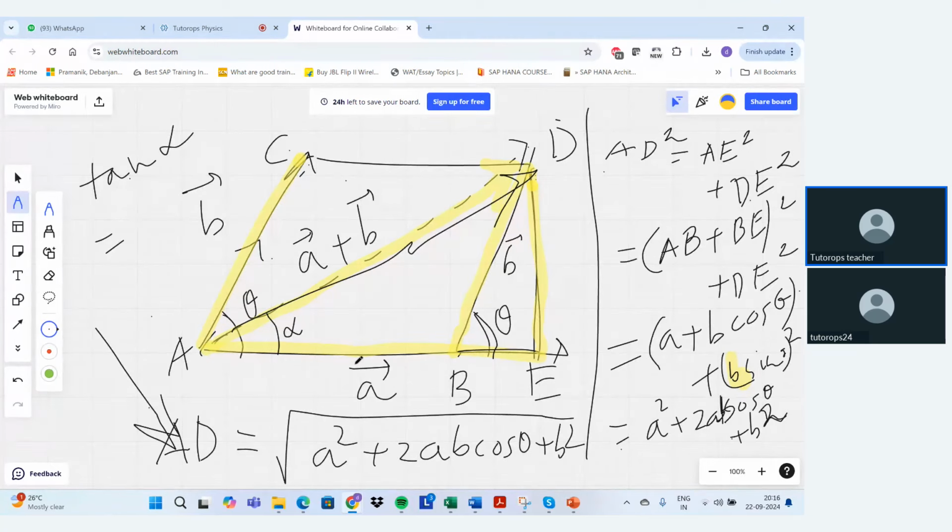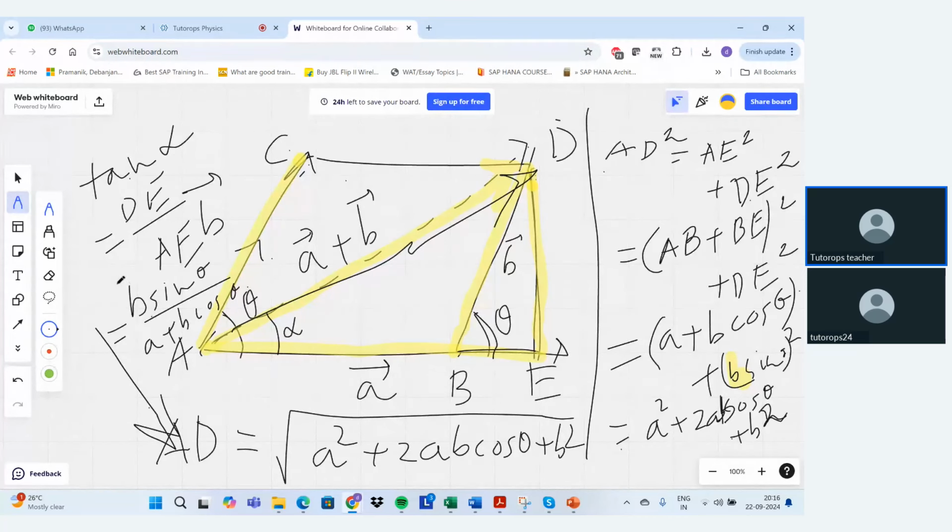So tan alpha is equal to DE by AE, which will come as B sine theta by A plus B cos theta.